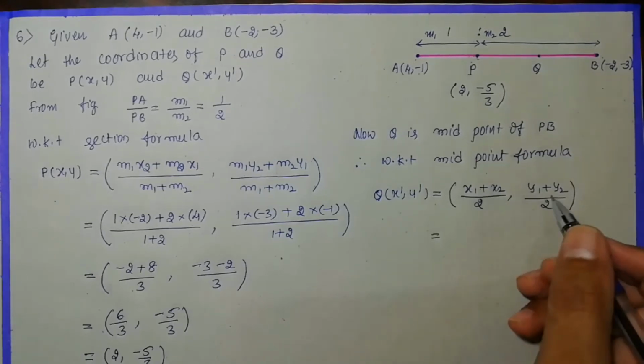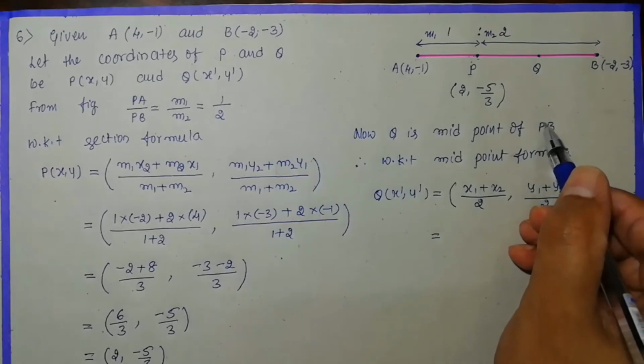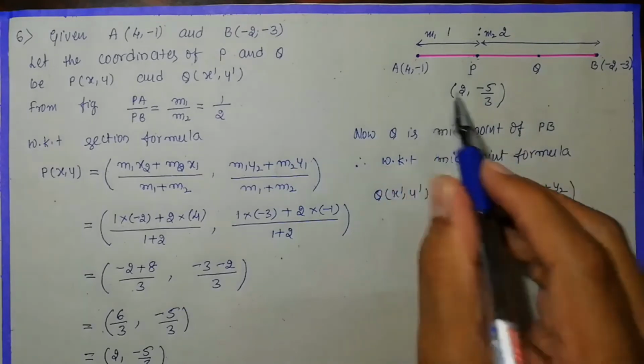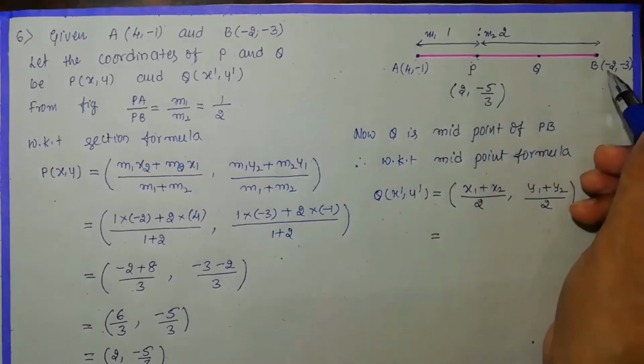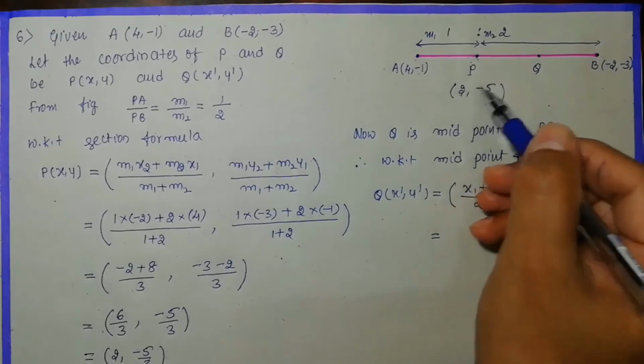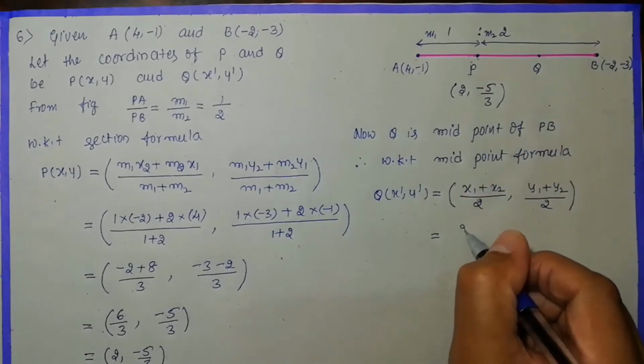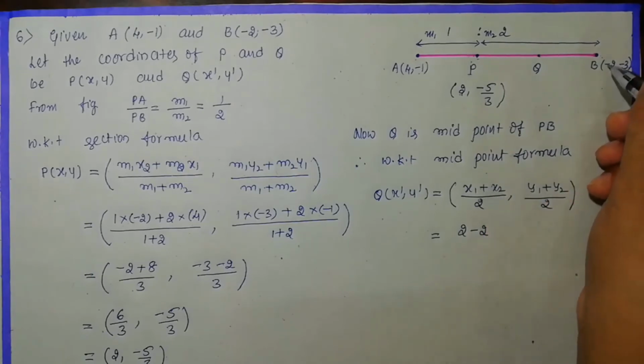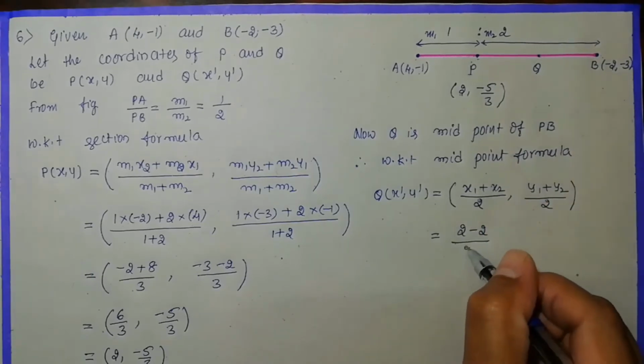Now x1 y1 x2 y2 means what? Coordinates of P are x1 y1, coordinates of B are x2 comma y2. Here, don't confuse with A. Now look at it, x1 plus x2 will become 2 minus 2. Plus into minus will become minus, and the whole is divided by 2.